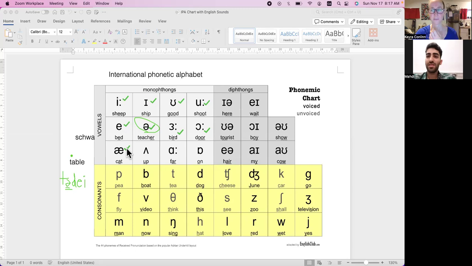Ah. Your mouth is open much more. Think about when you go to the dentist and the dentist says, say ah. Big mouth. To contrast between here, eh, ah, eh, ah.